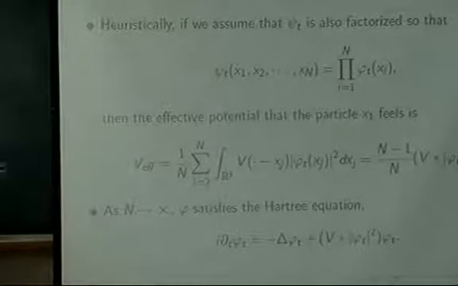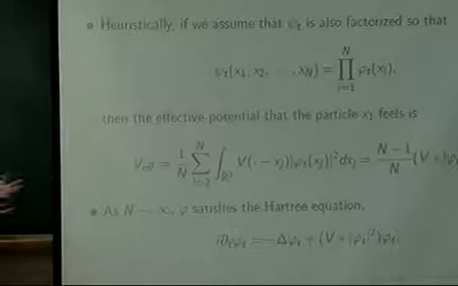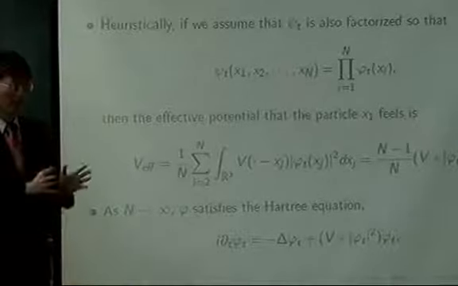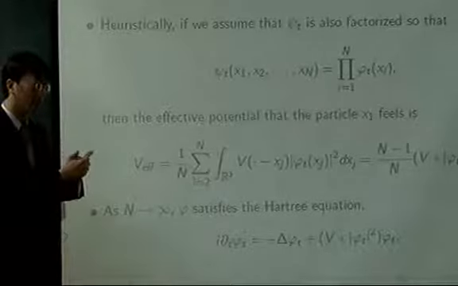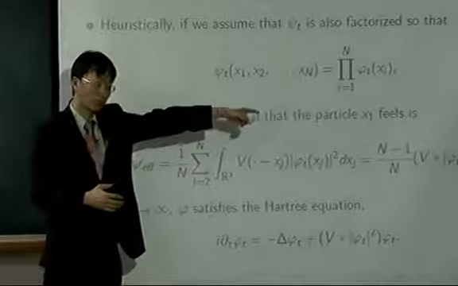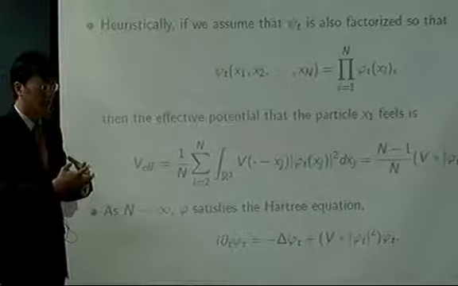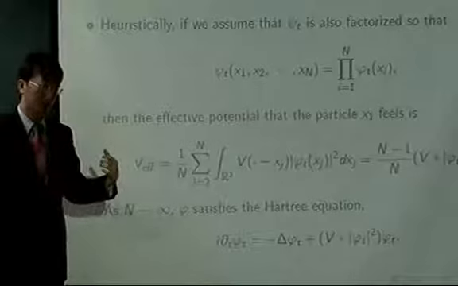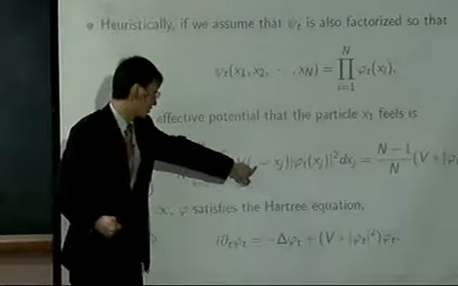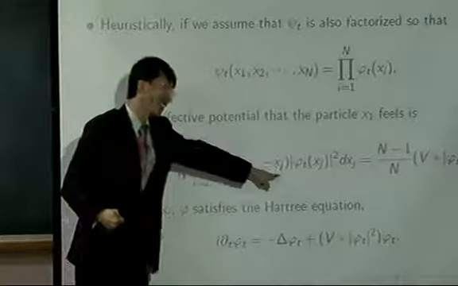Their argument, or heuristic, is that we can consider the effective potential that a particle feels. If you consider particle number 1, x1, then it feels potentials from each other particle, so that the potential is V of xi minus xj.